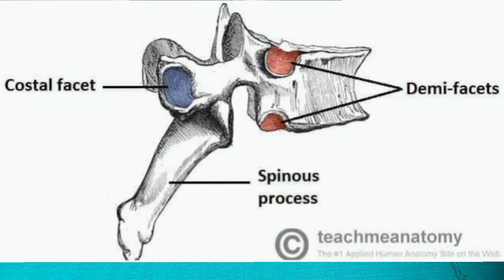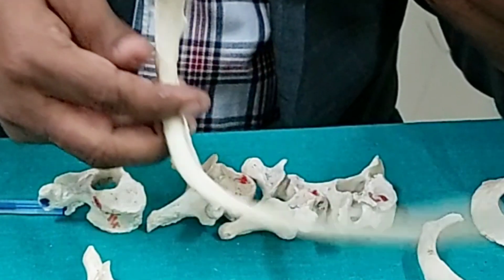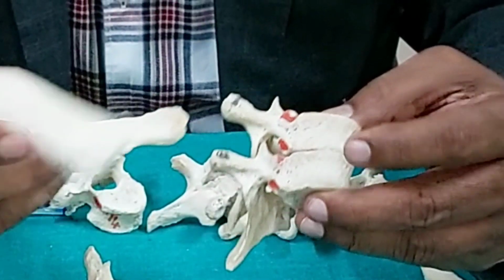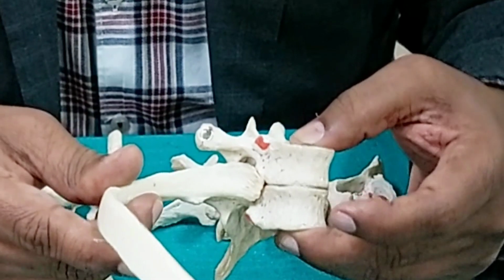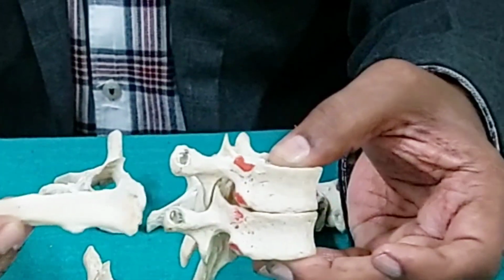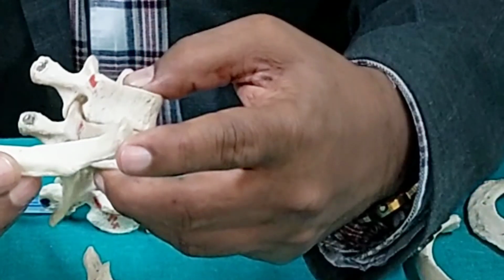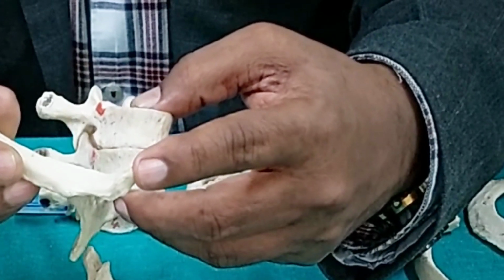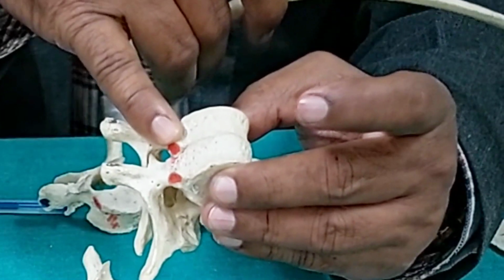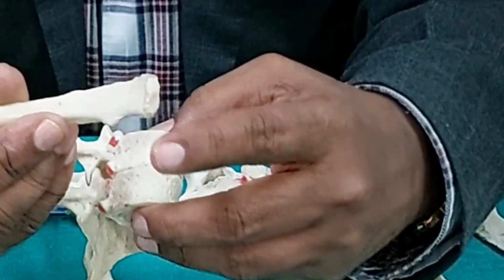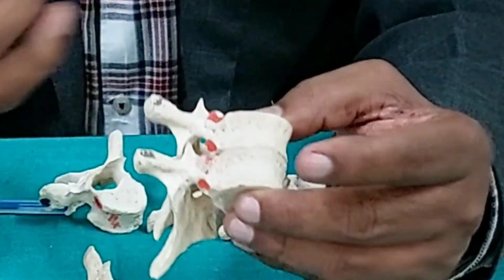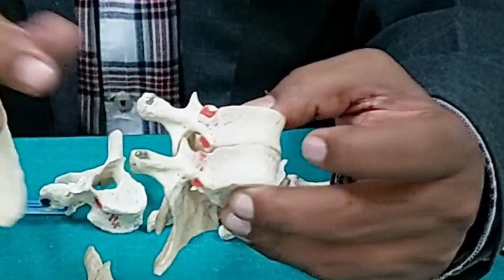Here you will get the articulation of the head of the rib. The head of the rib will articulate here in this way. Can you see the two facets on the head? One facet is for the upper vertebra and the lower one is for the lower vertebra.